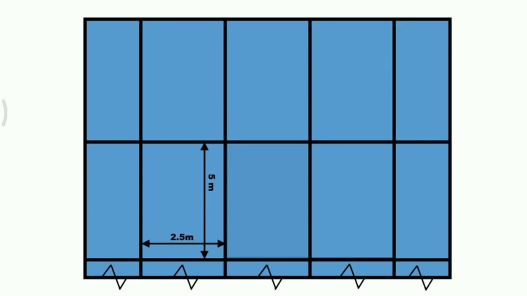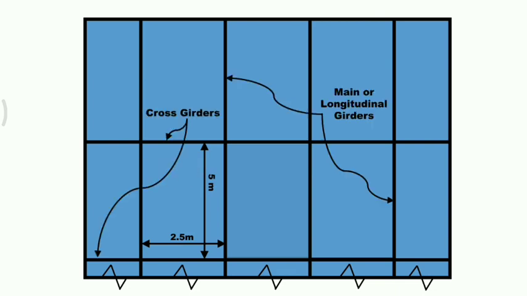This is the top view of the bridge, in which the spacing of the cross girders is 5 meter and spacing of the longitudinal girders is 2.5 meter. So here the critical slab is the interior slab.